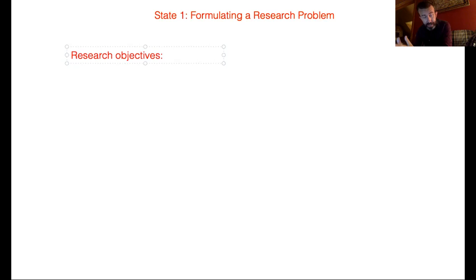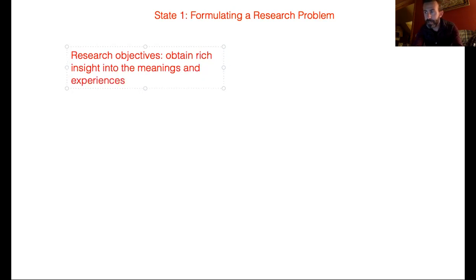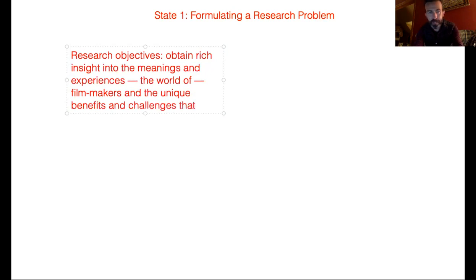The research objective could be, if you want to develop it a bit more, to obtain rich insight into the meanings and experiences, the world of filmmakers, and the unique benefits and challenges that they face within North Bay specifically.